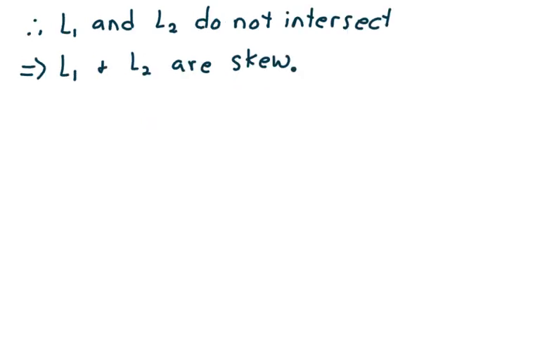And so therefore L1 and L2 do not intersect, and then it follows that L1 and L2 are skew. So if the lines are not parallel and they do not intersect, the only possibility is for those lines to be skew. And that's example 4.